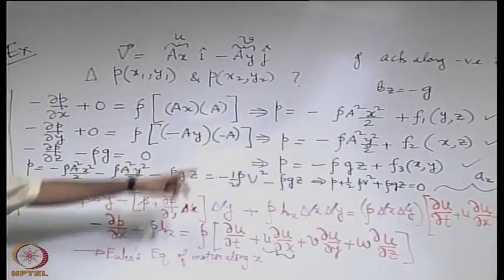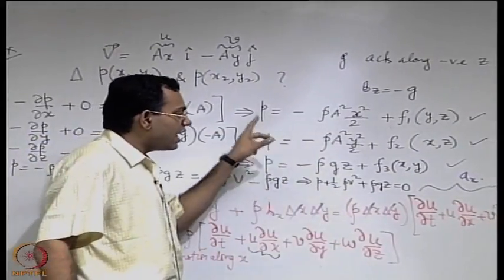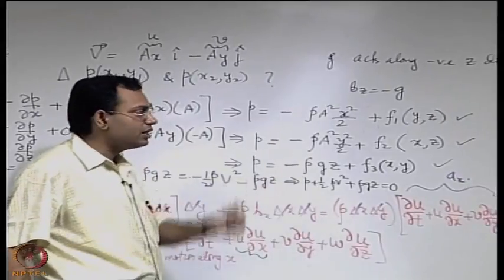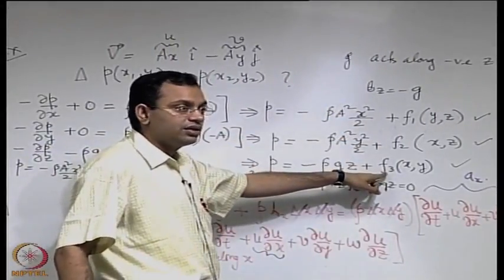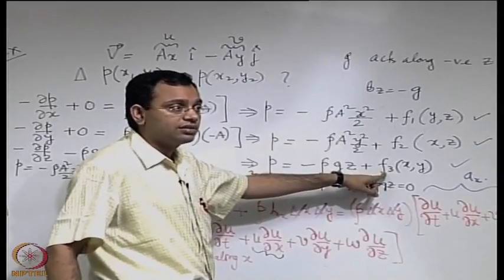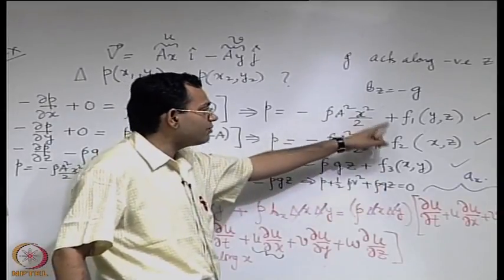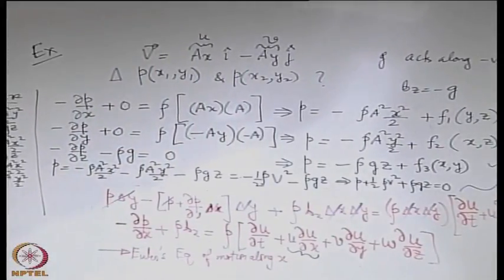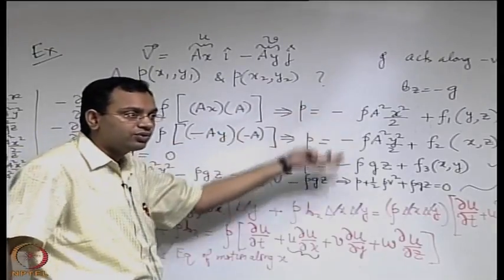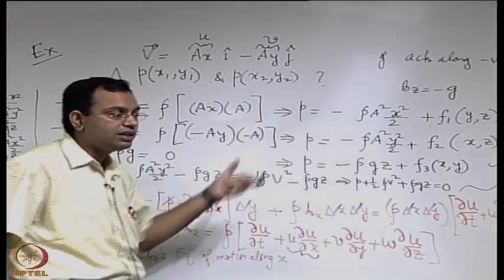Now, when we write this, there is a lack of generality here. What is the lack of generality? When we considered this f1, f2, f3, we did not consider a constant. So, fundamentally we should also have a constant there, where that constant may be eliminated depending on a choice of a reference frame, but that is not done a priori, that is after you get the general expression, then only that is possible.